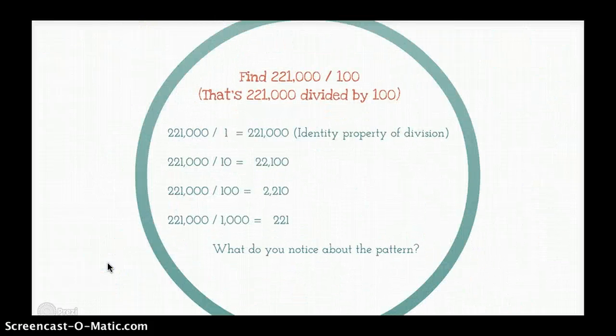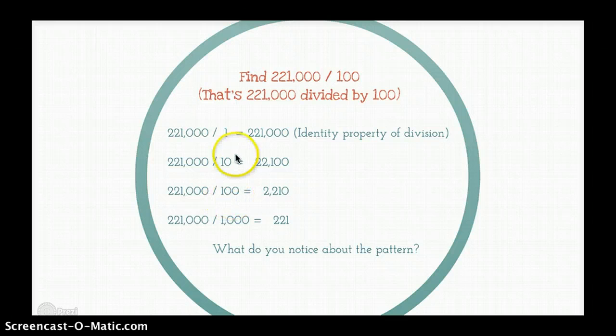Okay, so if we look at this problem, 221,000 divided by 100, let's look at these patterns. If we start with 221,000 divided by 1, we know it's just going to be 221,000. Then if we put a 0 on there and it's a 10, so the first multiple of 10, 221,000 divided by 10 is 22,100.